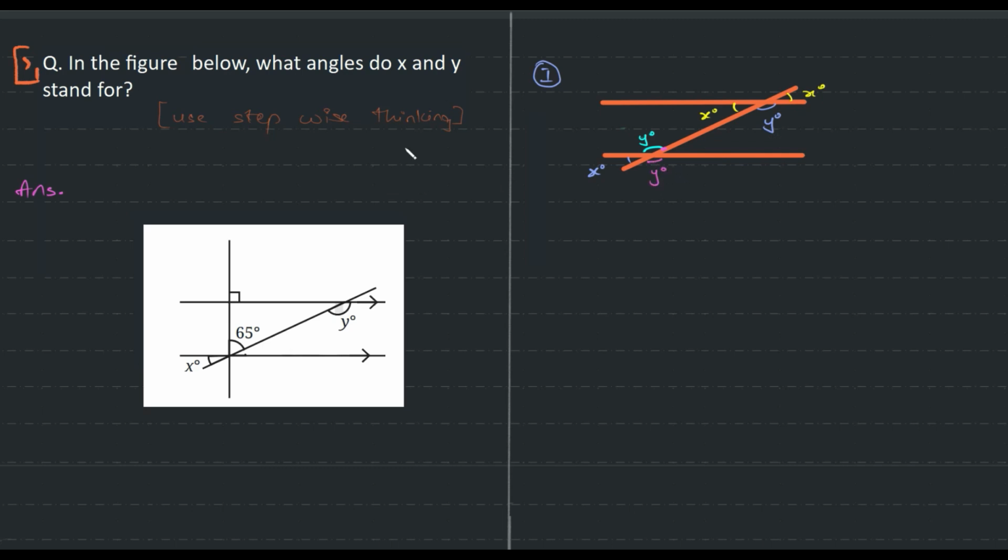I think I'll do it over here. So this is your corresponding angle. This is your alternative exterior angle. When it comes to y, this is your corresponding angle, and this is your alternative interior angle.